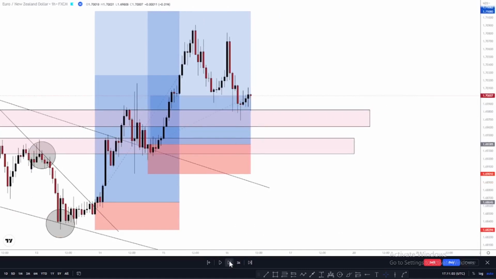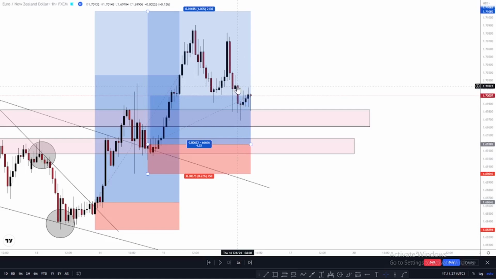Boom. Price comes back into it again and rejects it. Right? But with what we can see here, we see this three candlestick pattern form, which is our morning star candlestick pattern. But this isn't enough for me. You know why? Because this bullish candle never closed above this bearish candle.